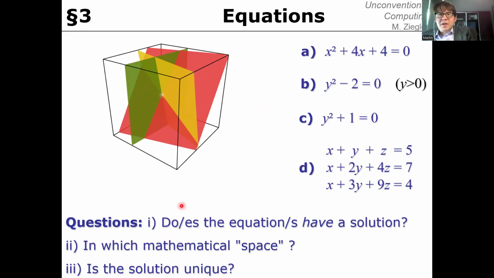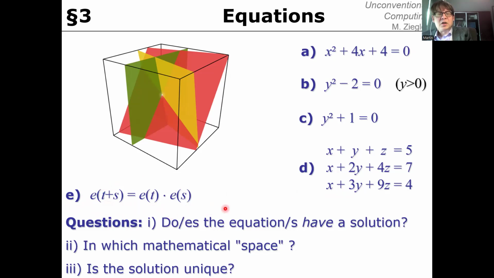Now let's move on from equations about single real numbers or vectors of numbers, tuples, to equations about functions. Here you see an example of an equation for a function. This equation asks for a function e, and it's called a functional equation. Namely, the solution function e must satisfy that e of t plus s must be e of t times e of s for all t and all s.